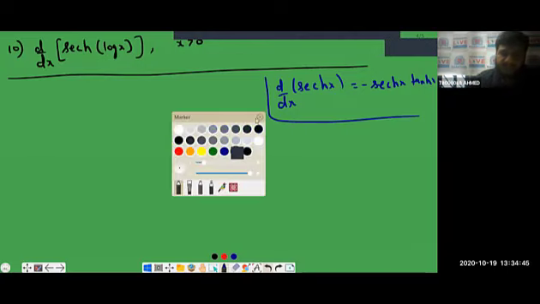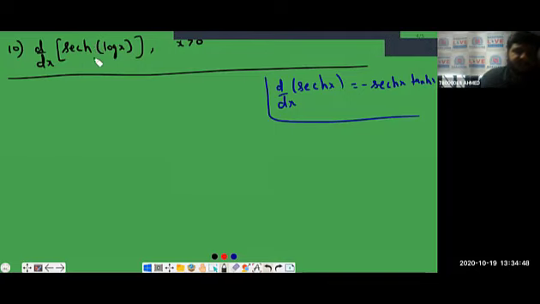In place of x, I have log x. x has to be greater than 0, because the domain for log x is x greater than 0 only. So d by dx of sech of log x is minus sech of log x into tanh of log x.